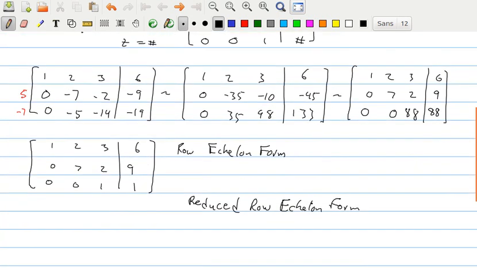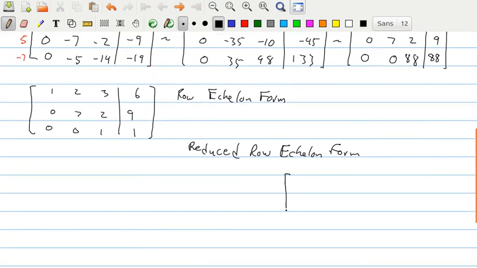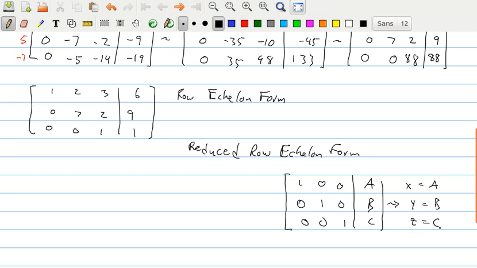If we can reduce this matrix further so it looks like 1s along the diagonals, 0 below, and 0 above, and then a number here, a number here, a number here, then if you translate this back into a system of equations, this says 1x plus 0y plus 0z equals a. 0x plus 1y plus 0z equals b. 0x plus 0y plus 1z equals c. So this gives you your solutions without any more work whatsoever.